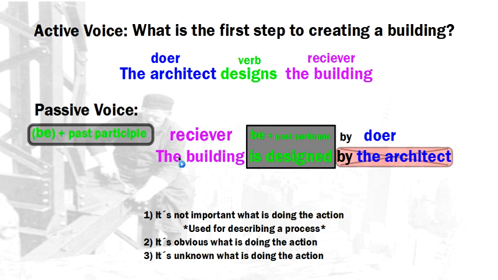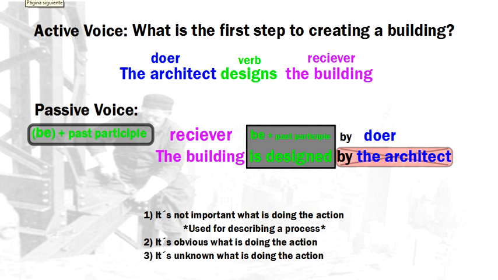For example, using the receiver first. That's the emphasis of the sentence. Also, it's obvious what is doing the action, so maybe it's not necessary to talk about the doer if it's obvious who is doing the action. And the other reason is that it's unknown what or who is doing the action. So for those three reasons, we put the emphasis of the sentence on the receiver and not the doer, and that's why we use the passive voice.